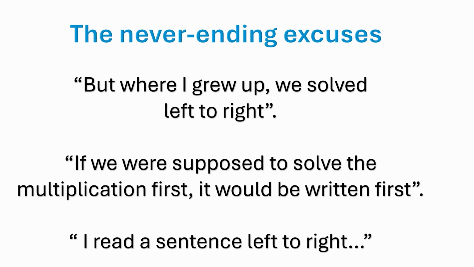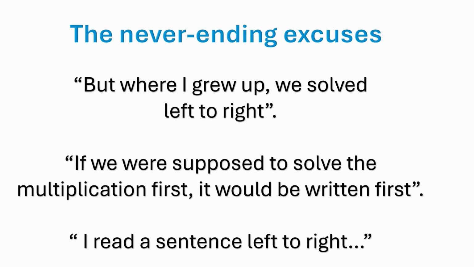That's false. And the other popular one is if we were supposed to solve the multiplication first, it would be written first. Well, in fact, it doesn't matter because multiplication already has precedence regardless of what order it is. You need parentheses to modify the order of operations. If you want to put the addition first, you need to put parentheses around it, just like I showed you.